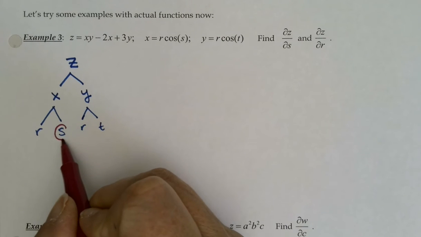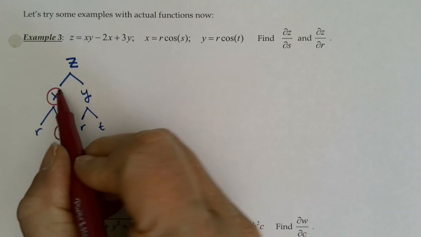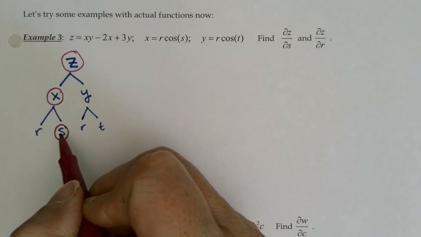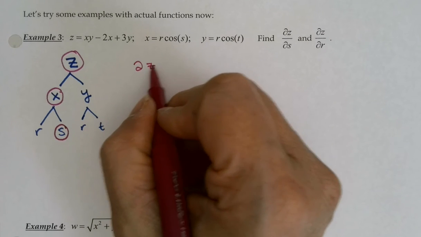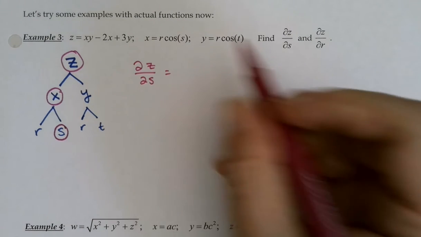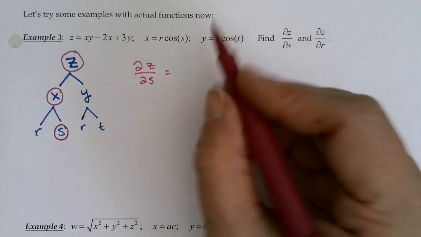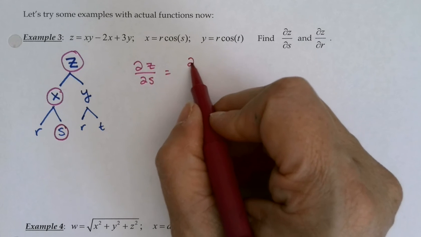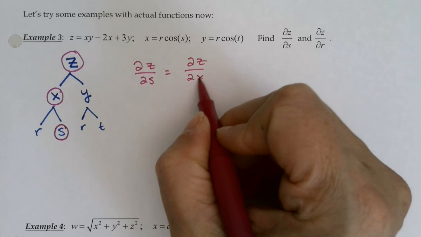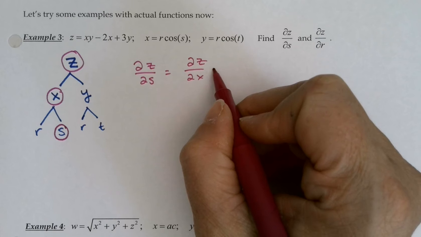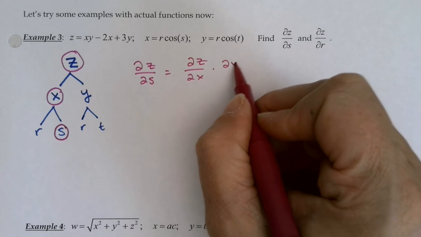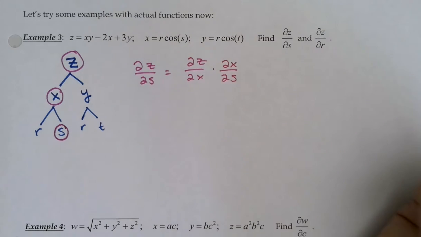Well, the only s in the game is right here, so we get to that through x. So the partial derivative of z with respect to s would be, and actually I could have used ds there. Oh well, too late. That would be the partial derivative of z with respect to x times the partial derivative of x with respect to s.